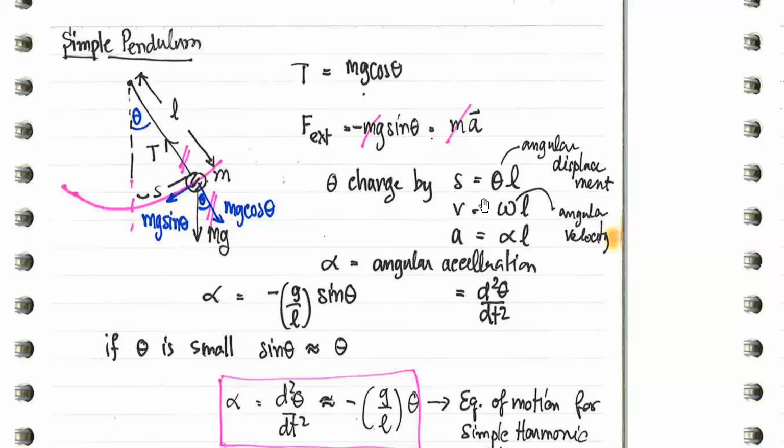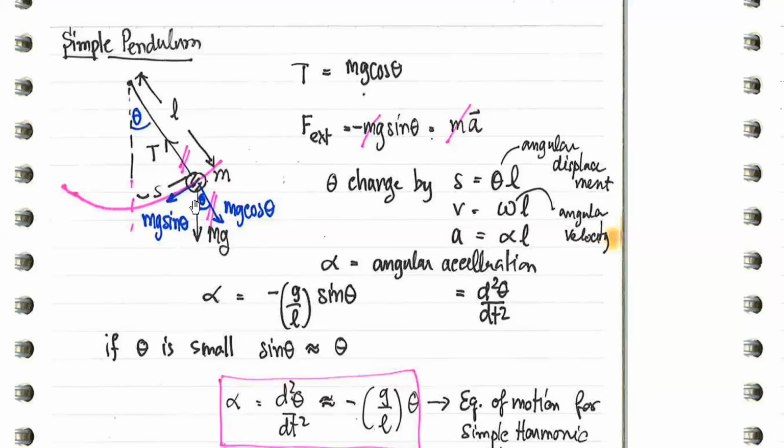Now the velocity is omega L, where you take a derivative of this, ds by dt. L is constant, so you have d theta by dt, as we call it, omega. And then acceleration is alpha L, because L is also constant, so you get d squared theta by dt squared, and alpha is called angular acceleration.